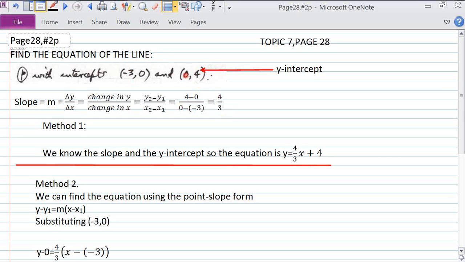This point is actually the y-intercept, and we know the y-intercept is the b value where it crosses the y-axis. This value here is the b. So we now have the slope and we have b, so the equation is y equals 4/3 x plus 4.